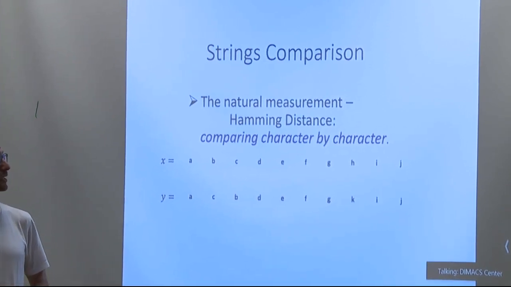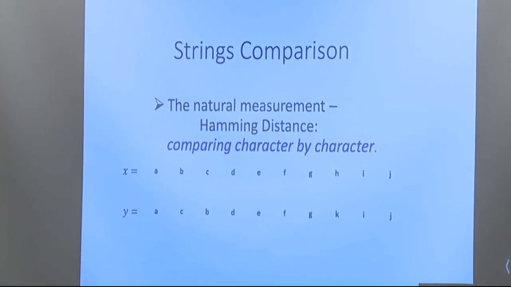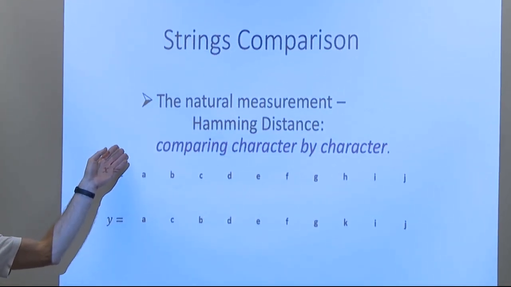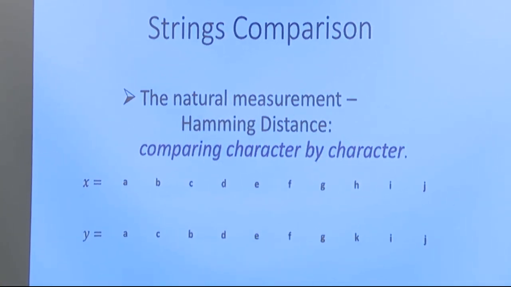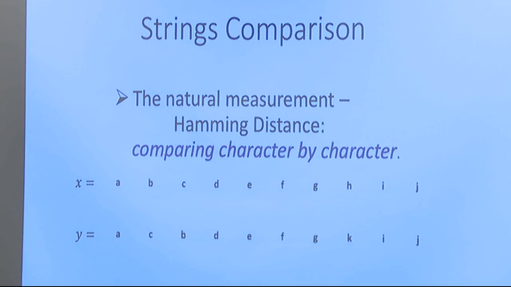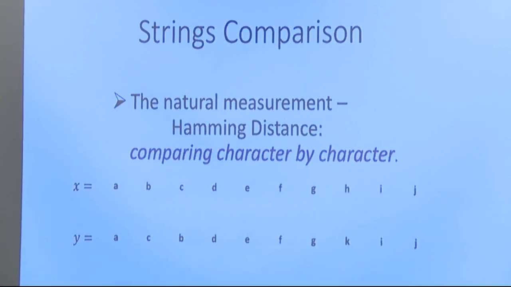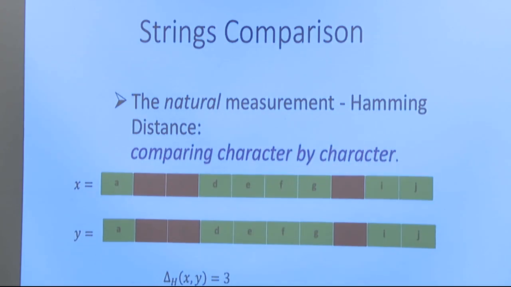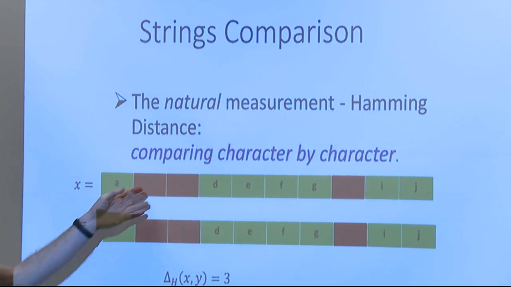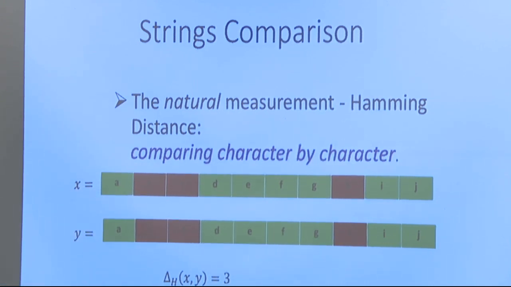We compare two strings, character by character, and check in how many positions they are different. In this example, the strings are similar except in 3 positions. So the Hamming distance here is 3.